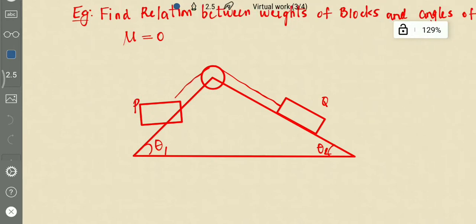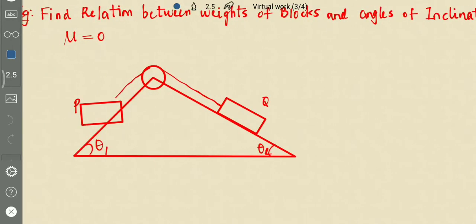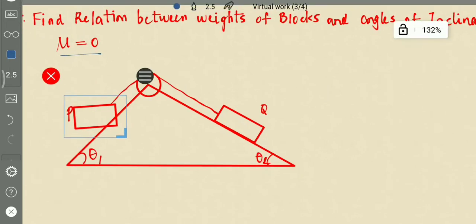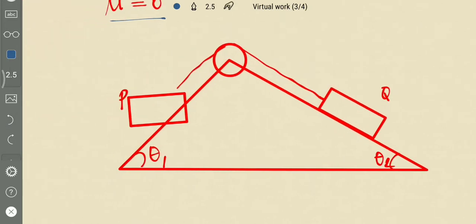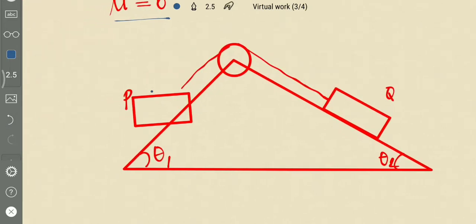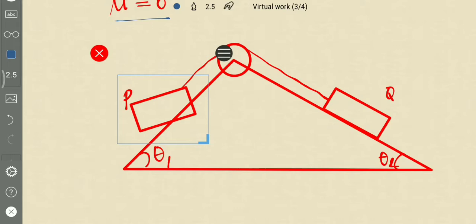Find the relationship between weights of the blocks and angles of inclination if coefficient of friction is 0. So there are two blocks here.